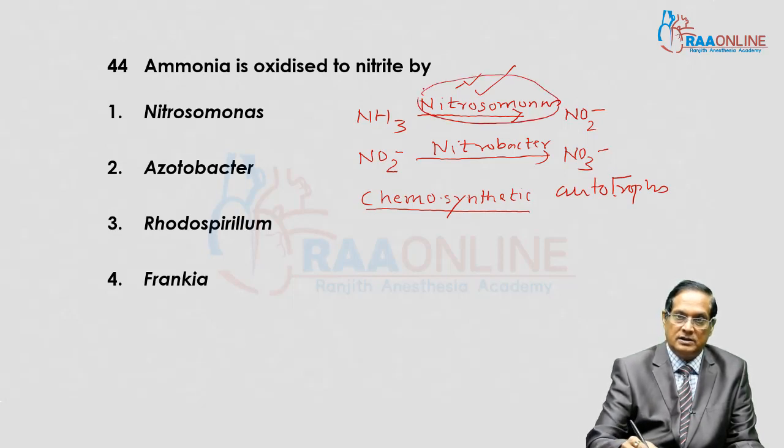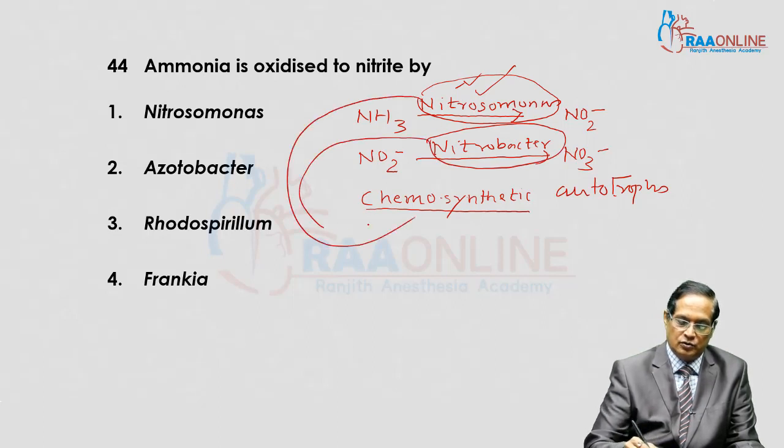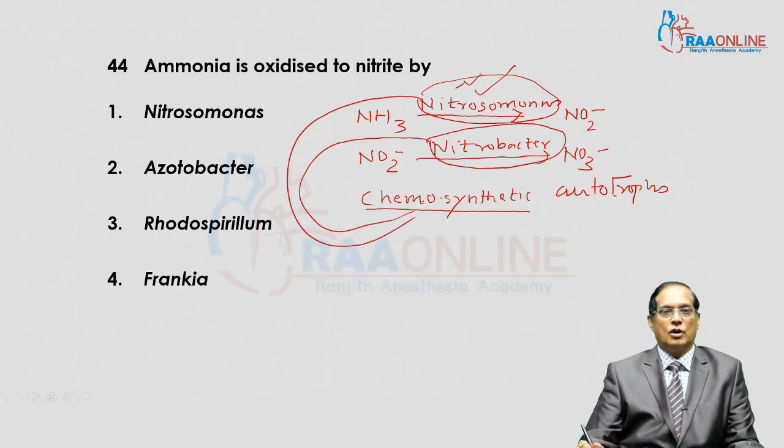Nitrosomonas number 1, Nitrobacter number 2. These two are chemoautotrophs, and they are also involved in nitrogen metabolism. Their role is to oxidize ammonia into nitrate, and this is a two-step activity.